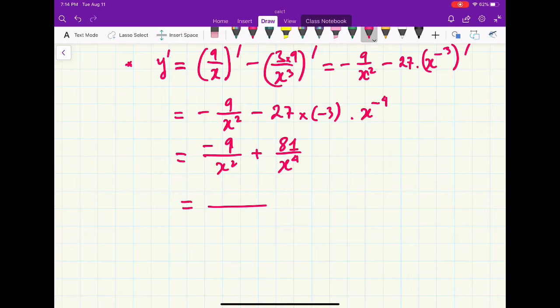If you want, you can write it in this form: negative 9x squared plus 81 over x to the 4.